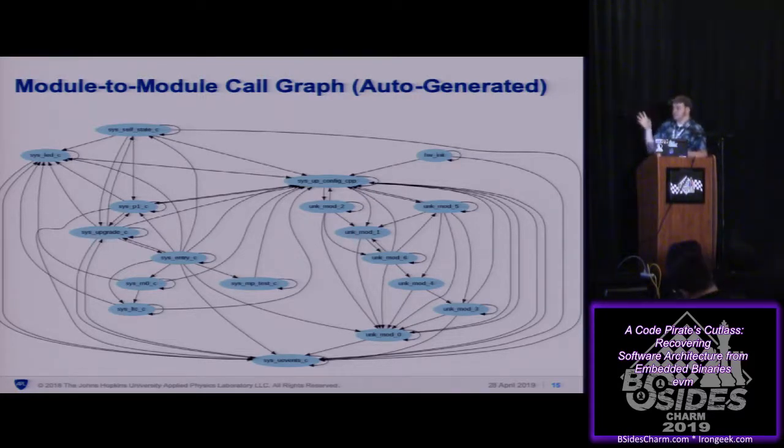The cool part is you've got this graph. This is essentially an automated software architecture graph, and you can immediately pick out some interesting relationships here that you wouldn't see in a call graph. The call graph on this thing is so complicated that it's really nasty.